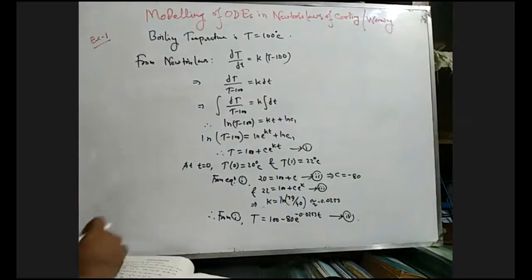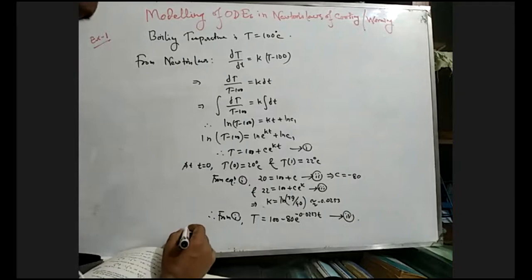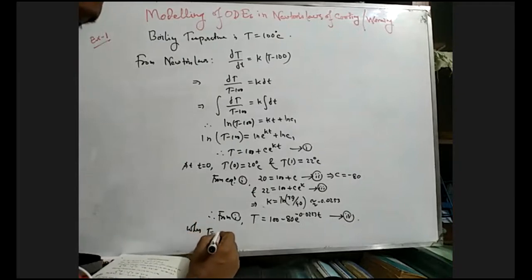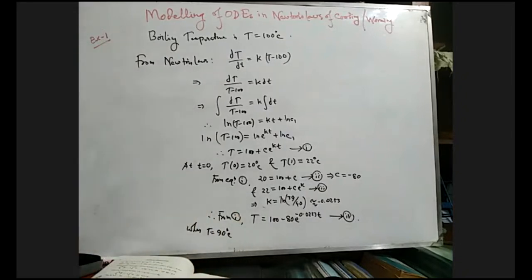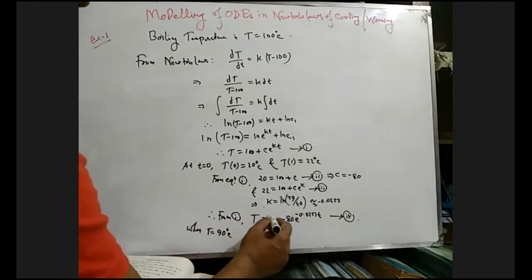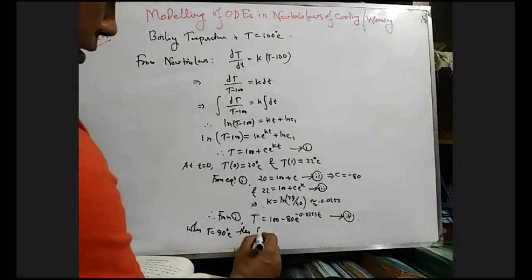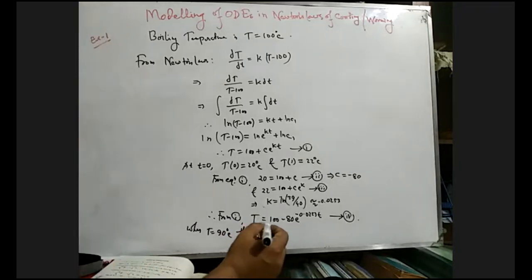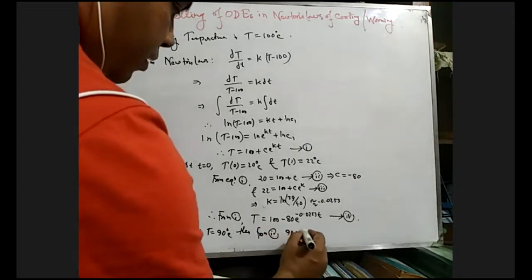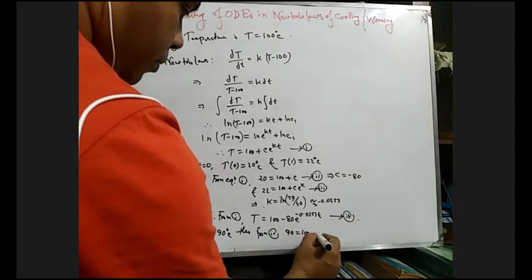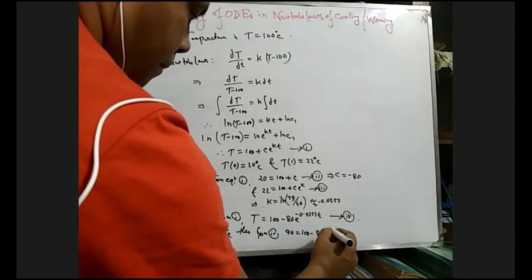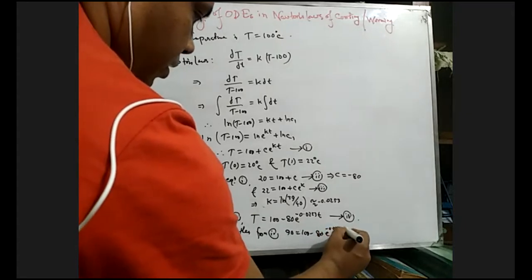Now, after raising the temperature, when capital T equals 90 degrees centigrade, time will be, just putting capital T equals 90: 90 equals 100 minus 80 e to the power minus 0.0253 t.